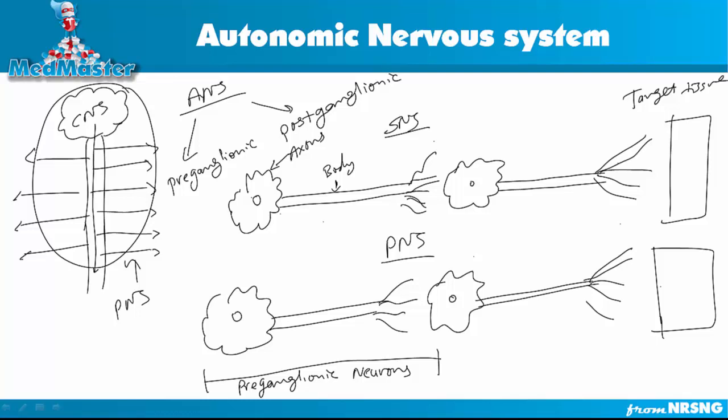So this part is gonna be in the central nervous system. And this part is peripheral nervous system.